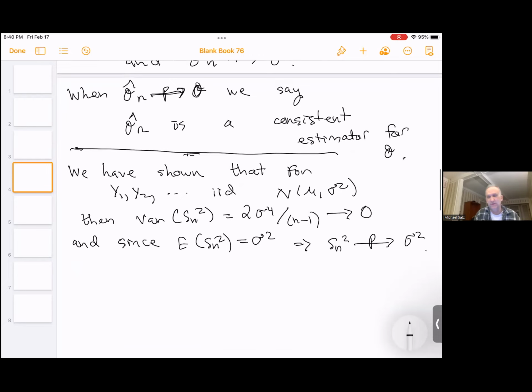but we can actually show this is consistent. Sn squared, the sample variance, is a consistent estimator. It converges in probability to sigma squared in a much broader set of cases.